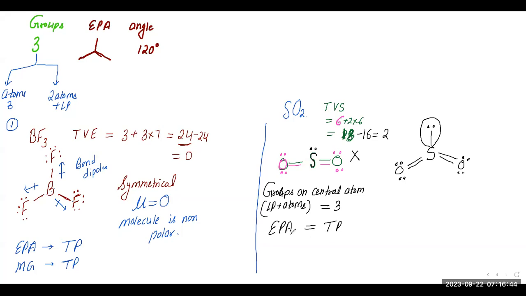So EPA is trigonal planar. But actually, this is not a bond. These lone pairs are in the orbitals of the sulfur. You see, I made the orbital here. So, this bond I will replace and I'll put a lone pair here.